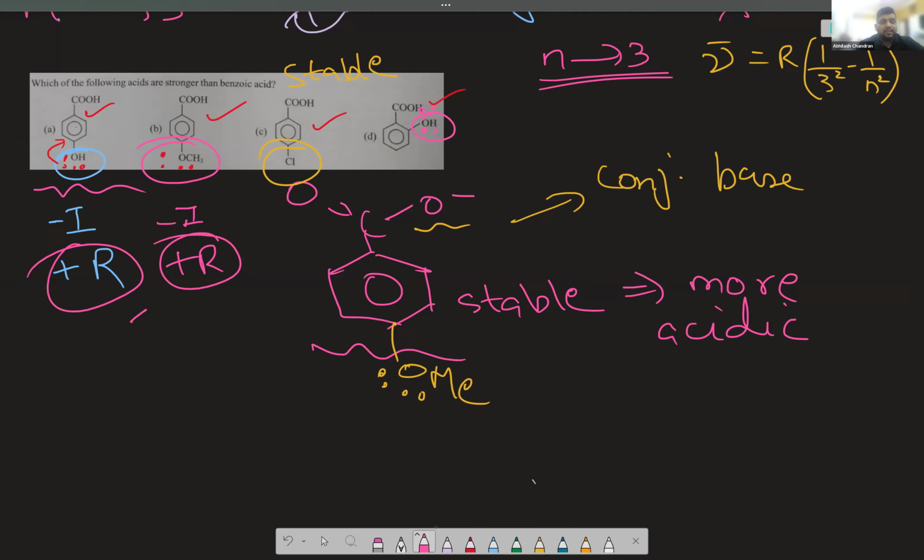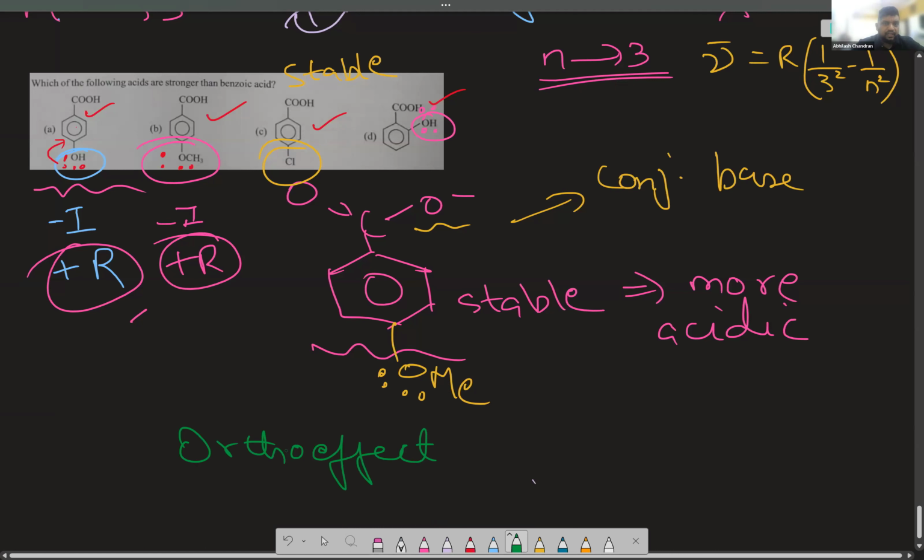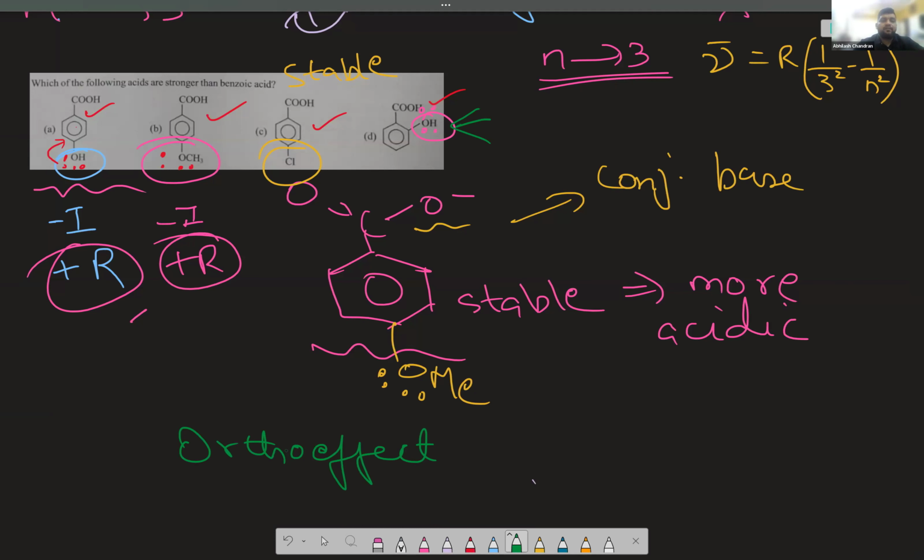Here, this is called the ortho effect. I'm sure you might have heard of this ortho effect. Irrespective of the nature of the substituent here, because of steric crowding, the carboxylic acid ends up being more acidic. This is typically called the ortho effect, irrespective of what we have.